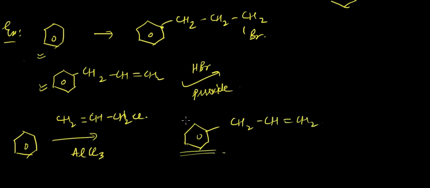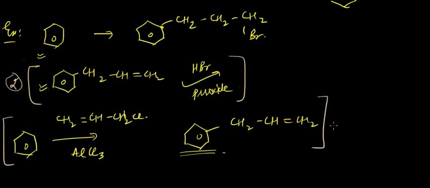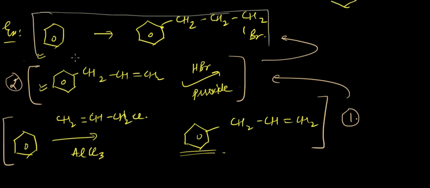So we got this, hence we'll use this reaction as the second step. This would be the first step. From the first step we go to the second step, and from the second step you go to the actual product. So this is how we can make this product from this substrate.